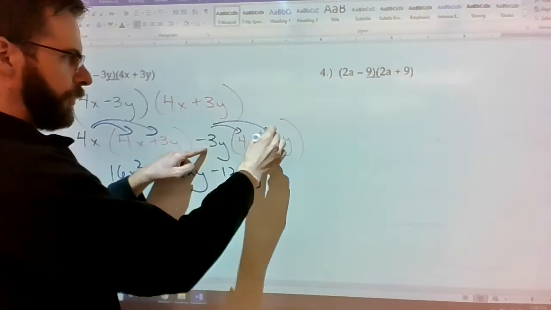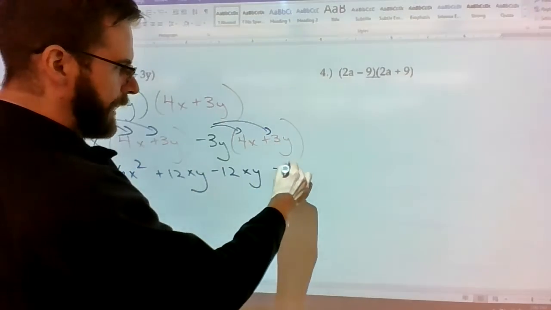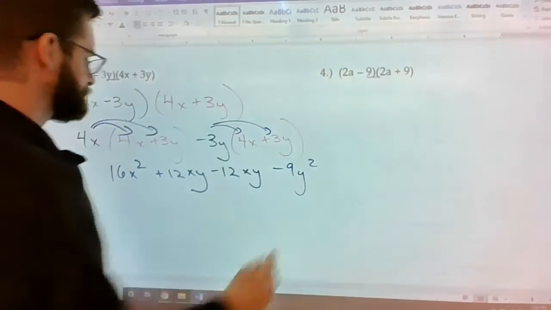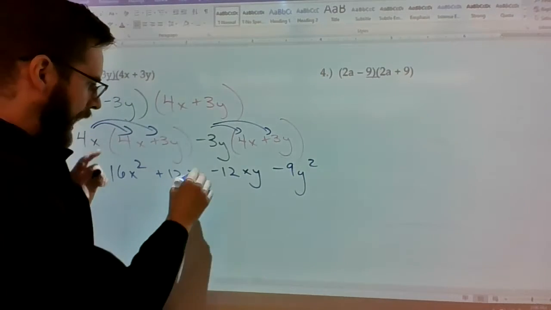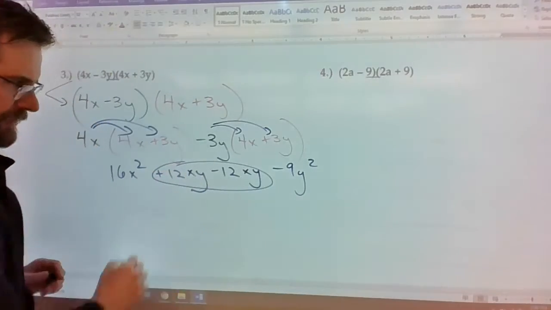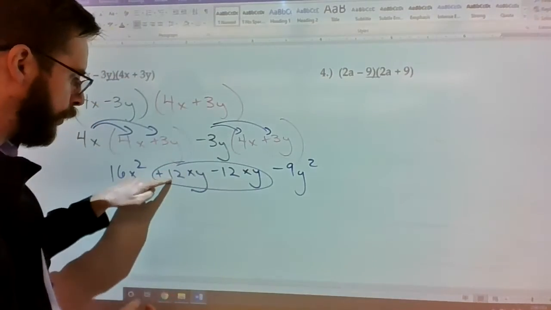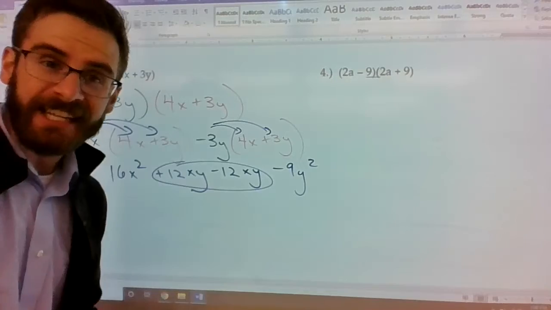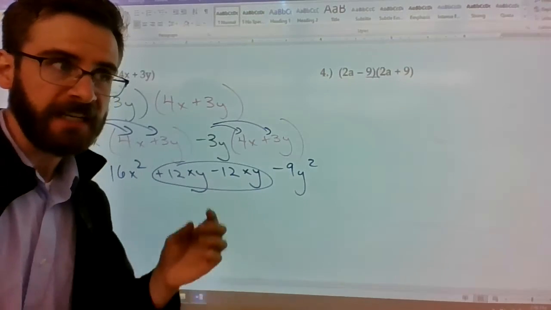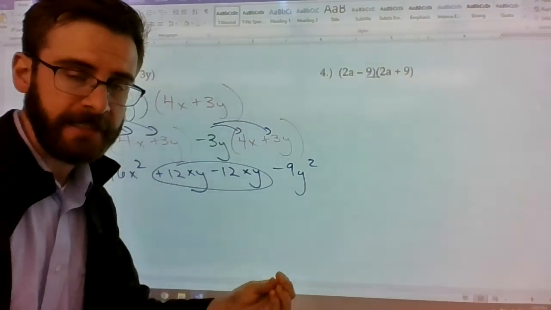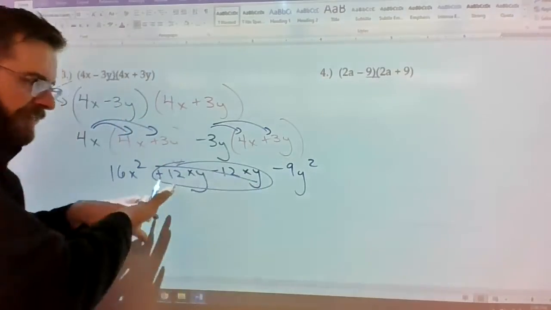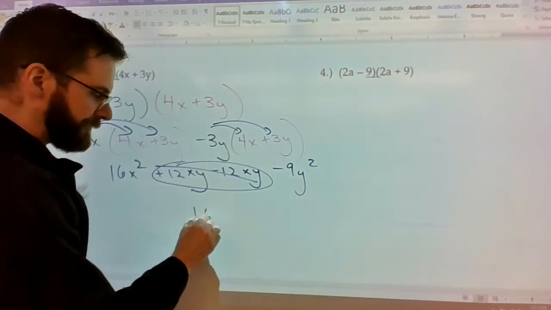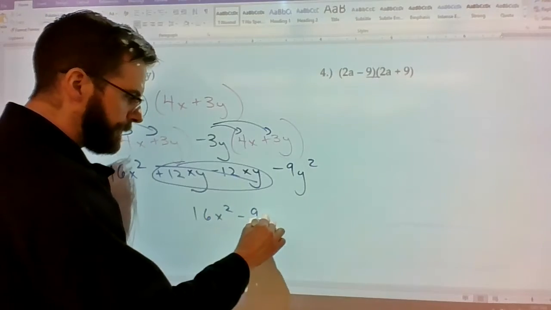And then negative 3y times positive 3y would be minus 9y squared. So when we combine the two middle terms, because they're like terms, 12 minus 12 is 0. Okay? 0xy is 0. So whenever it's just 0, you can cut the whole thing out, and you're left with two terms in the polynomial.